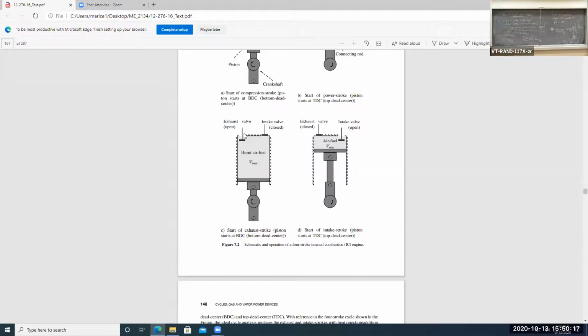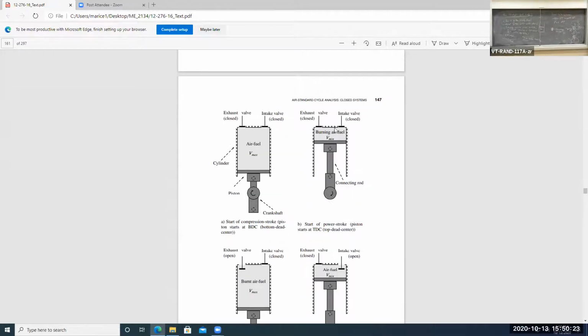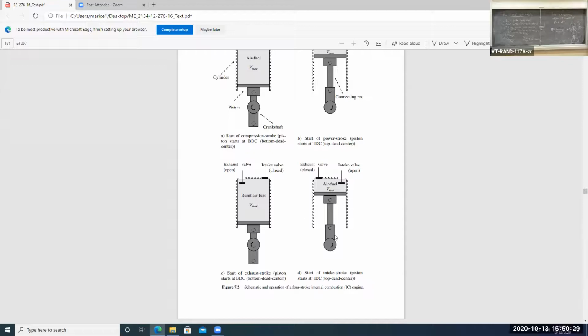We're going to model that as a simple heat rejection process. Okay? The heat addition process replaces the burning of the fuel. That's the Q dot high. And the heat rejection process replaces the expelling of burnt air-fuel mixture and intake of fresh air-fuel mixture. Okay?